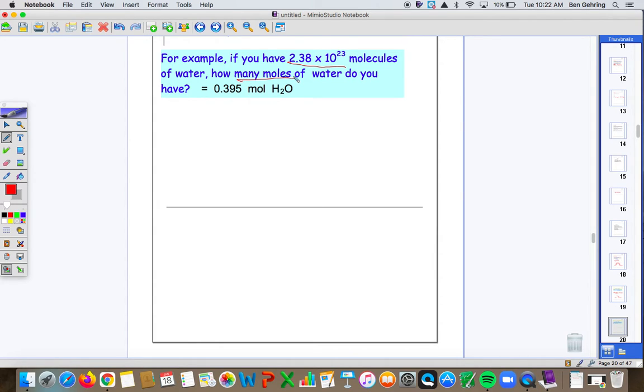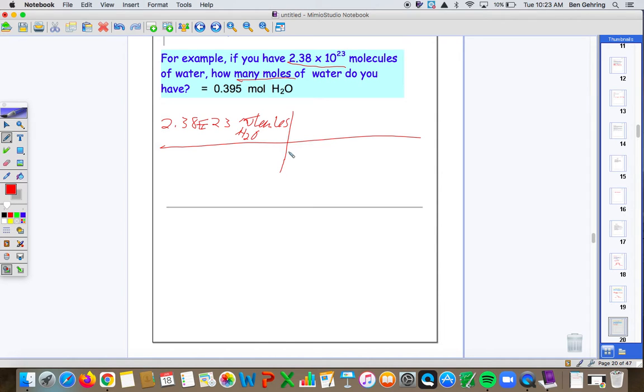In this case, I'm giving you the answer again. So 0.395 is what we should come to. To get there, we're going to start with 2.38 times 10 to the 23rd molecules of water. I'm going from molecules into moles, so I'm climbing on top this time of those monkey bars.